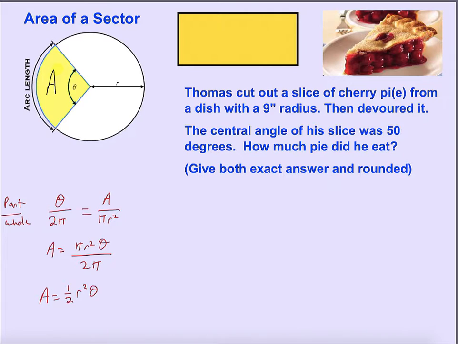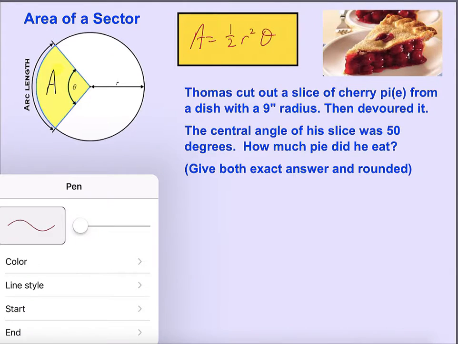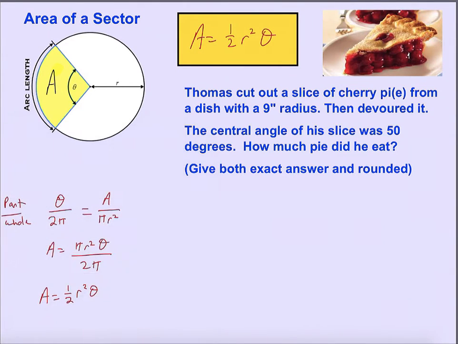You can certainly write that as r squared theta over 2 also, but you'll hear it more commonly as the area of a sector is equal to 1/2 r squared theta. With one important catch again, and that is that this theta here is measured in radians, not in degrees.